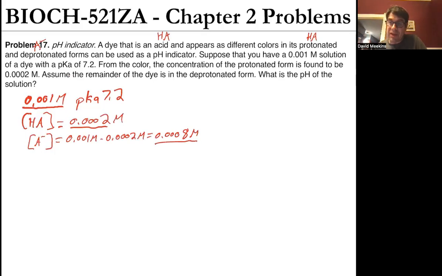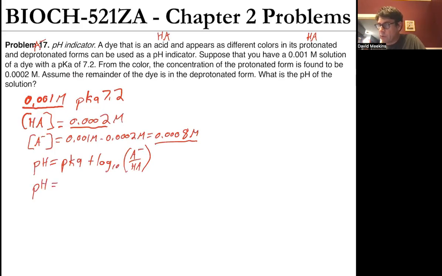Now we can just plug that into the Henderson-Hasselbalch equation, which is, of course, pH equals pKa plus the log base 10 of the conjugate base over the acid. We don't know the pH, that's what we want to know, but we do know the pKa.